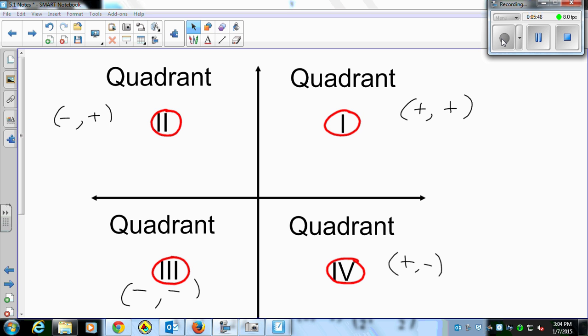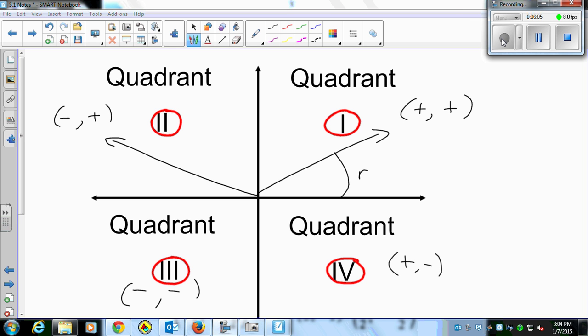So, for instance, going back to our standard position angles and reference angles: if you're in quadrant 1, your reference angle is the same as your standard position angle. In quadrant 2, if this is your standard angle, notice that your reference angle is not the same. It's actually going to be that angular distance.